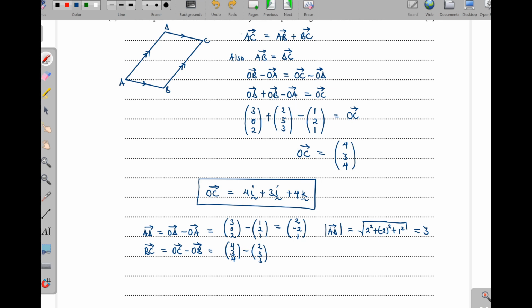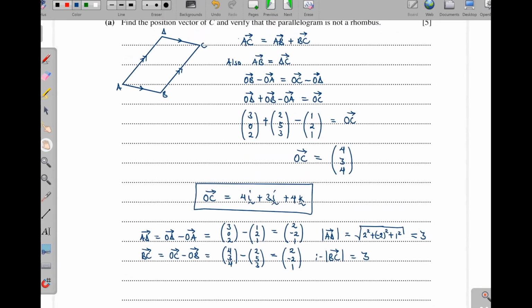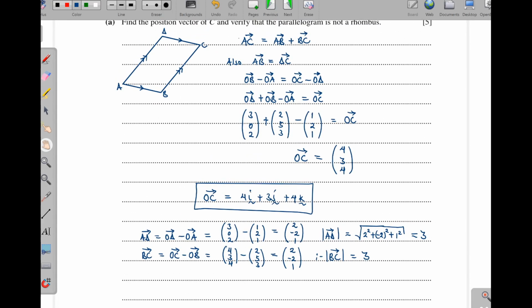When we subtract these two, we get a 2 here, a negative 2 here, and a 1. Do you see that it is the same? Then we conclude that BC, the modulus, is also equal to 3 units. Because if this was a rhombus, then all lengths would be equal.